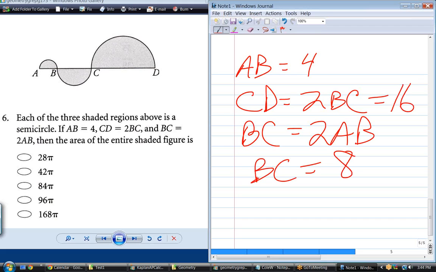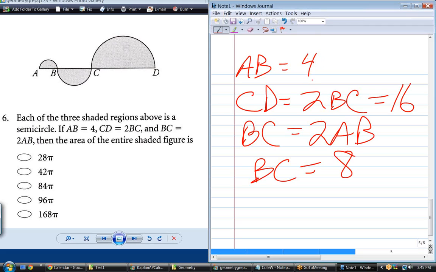So the area of the entire shaded figure. 28 pi. I don't think so. Let's see. Let's take this first. Oh, sorry, I forgot. What's the area of the small circle? Remember, these are the diameters that they're giving us.